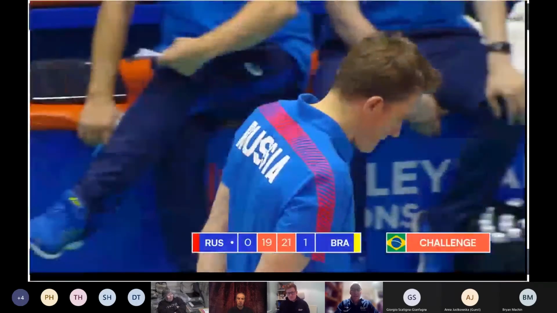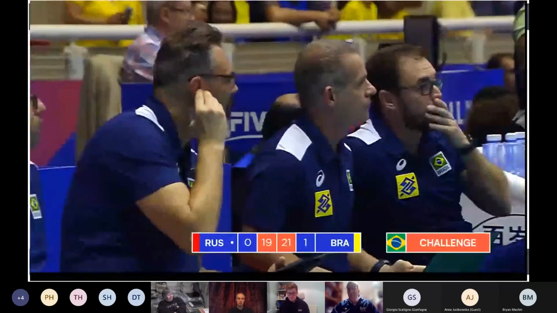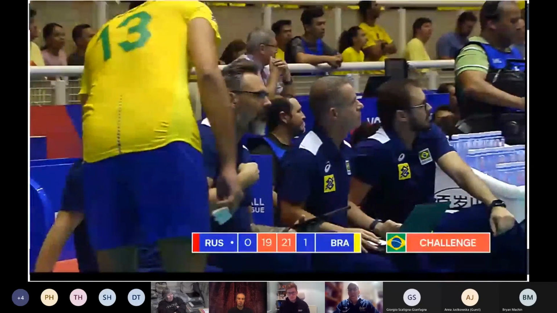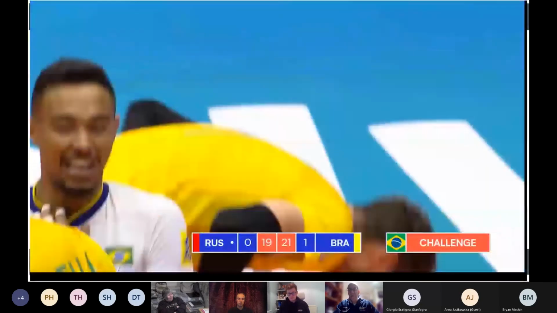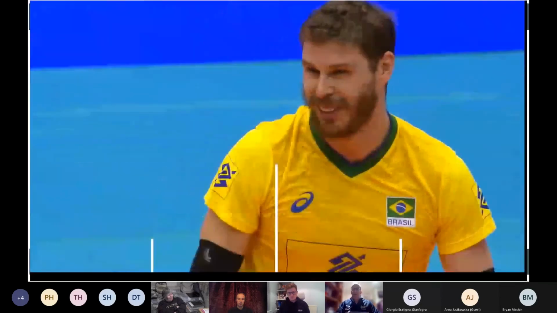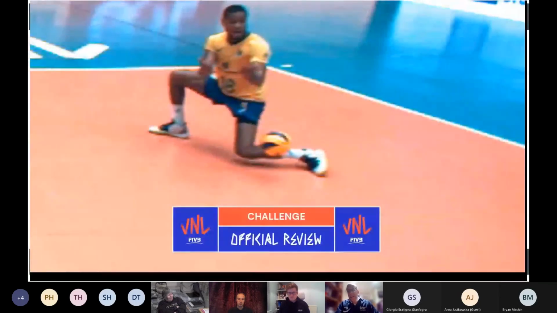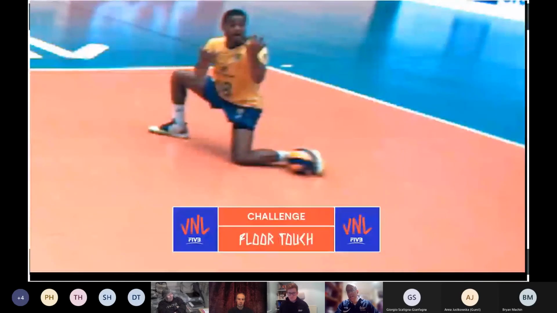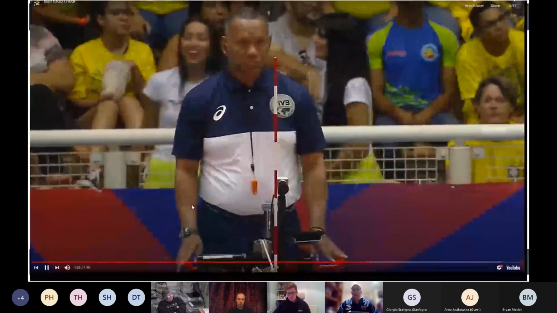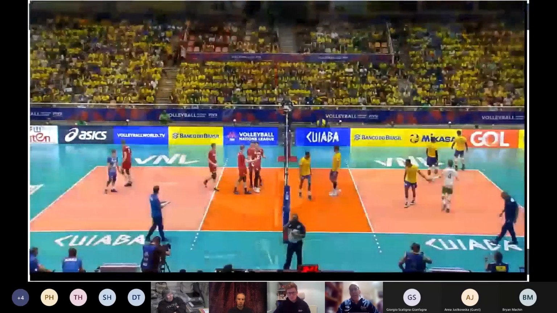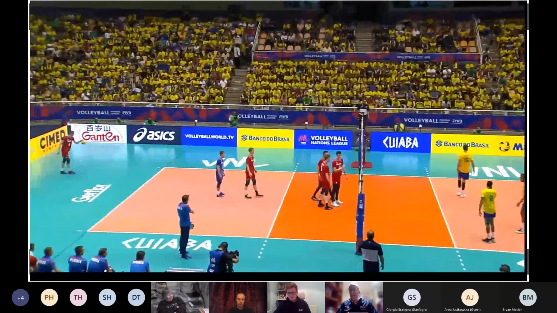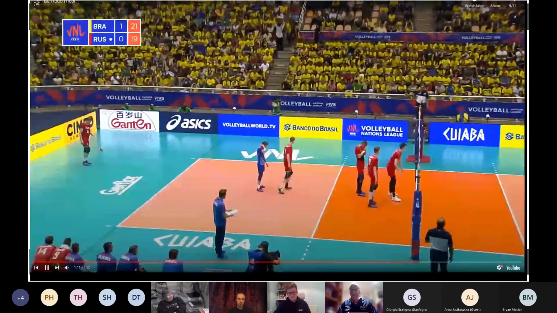But on first view, my personal view was that that was definitely hitting the ground because of the way the ball came off the player. It was almost like it bounced off the player. And if you look at it again, you can see that the ball has contacted the floor just before the foot. So good decision. But in that situation, the referee has calmed all of the players down very quickly, saying, look, calm down, we can have a look at this.